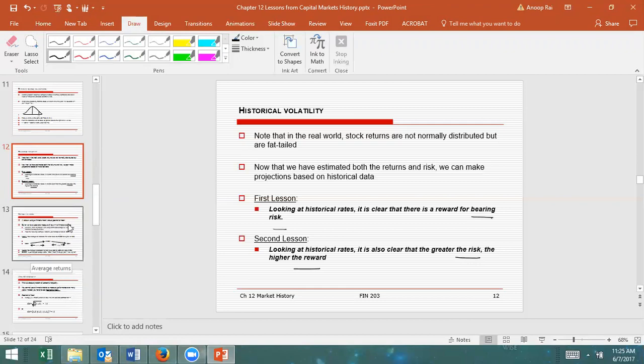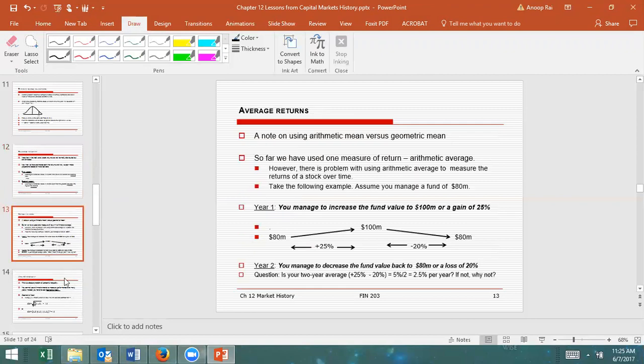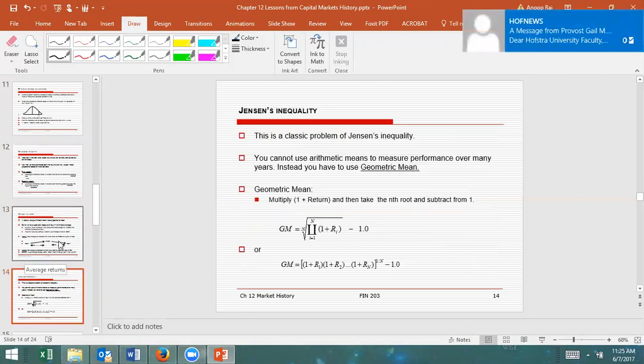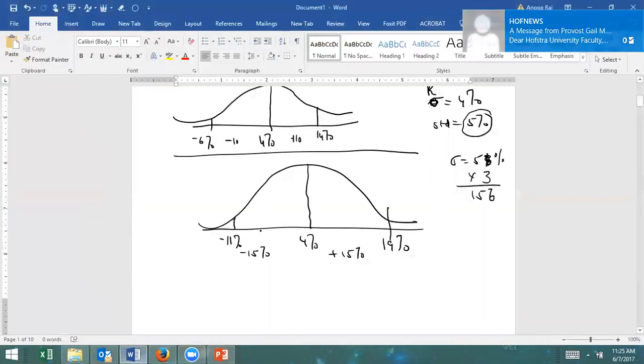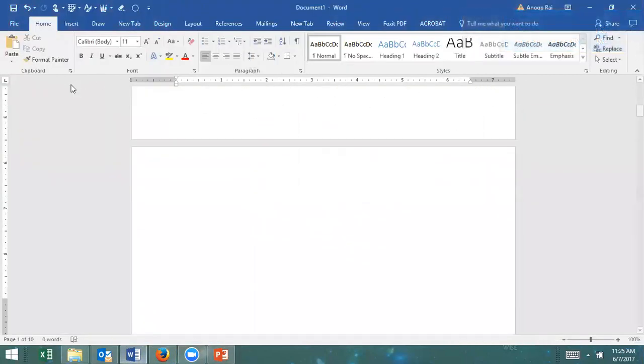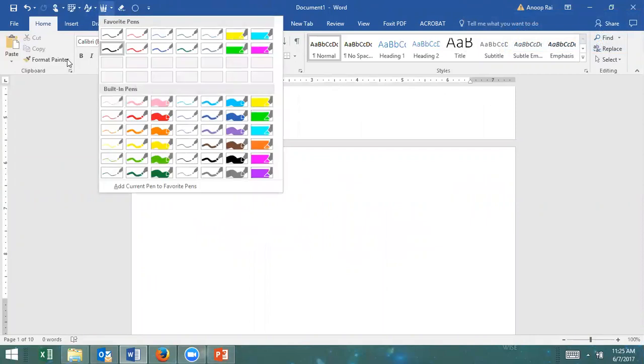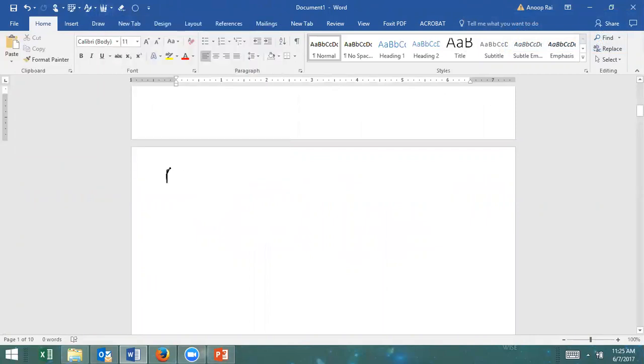Now, before I move on, what we learned in this chapter is that we want to make a distinction between what we call arithmetic return and the geometric return.